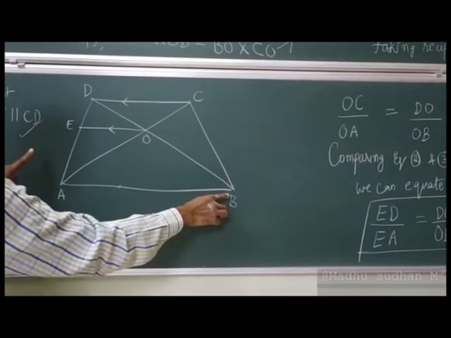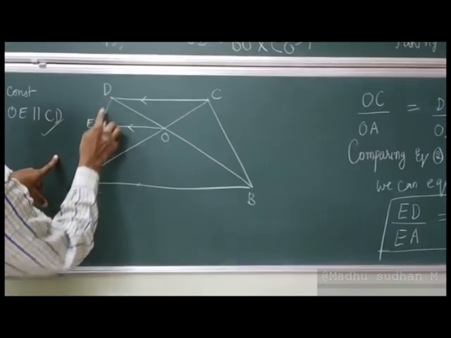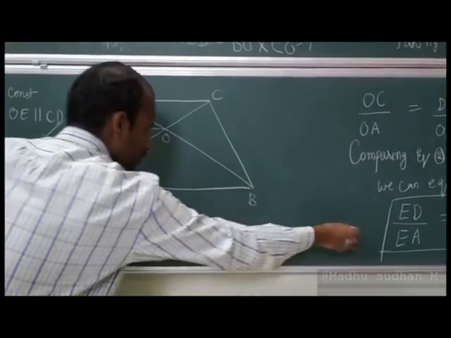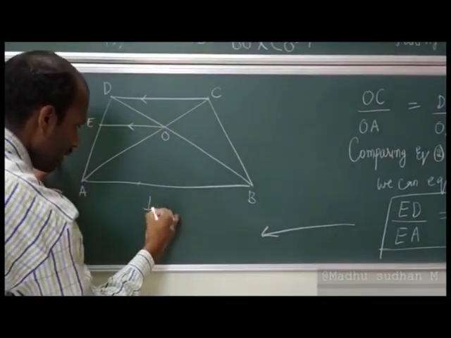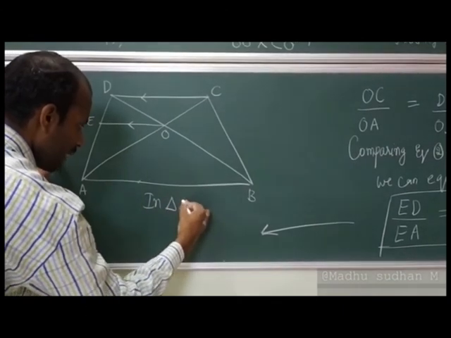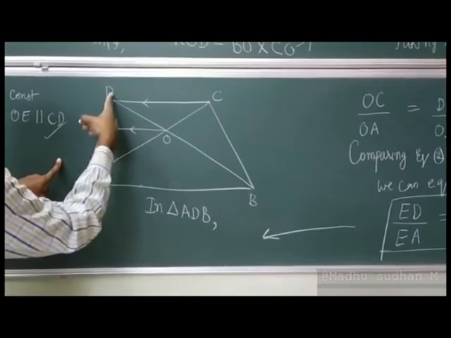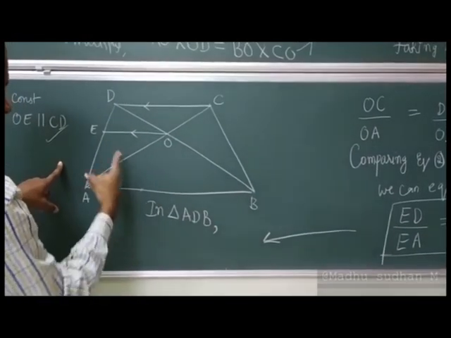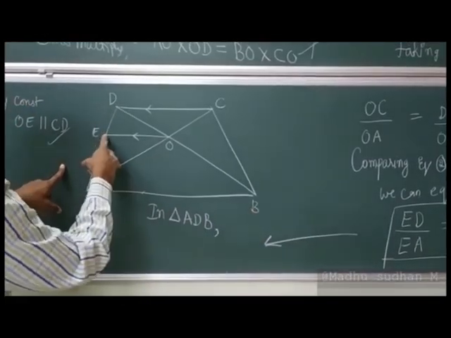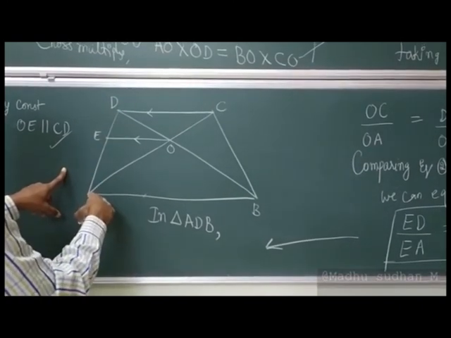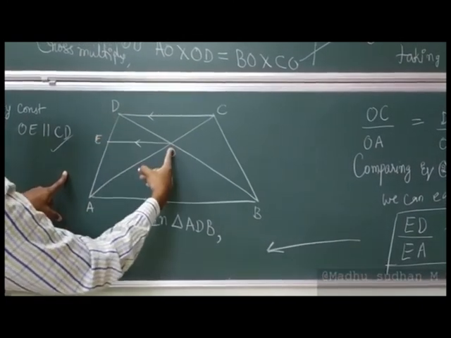So can I take this triangle ADB? In triangle ADB, we have this condition ED by EA is equal to OD by OB.